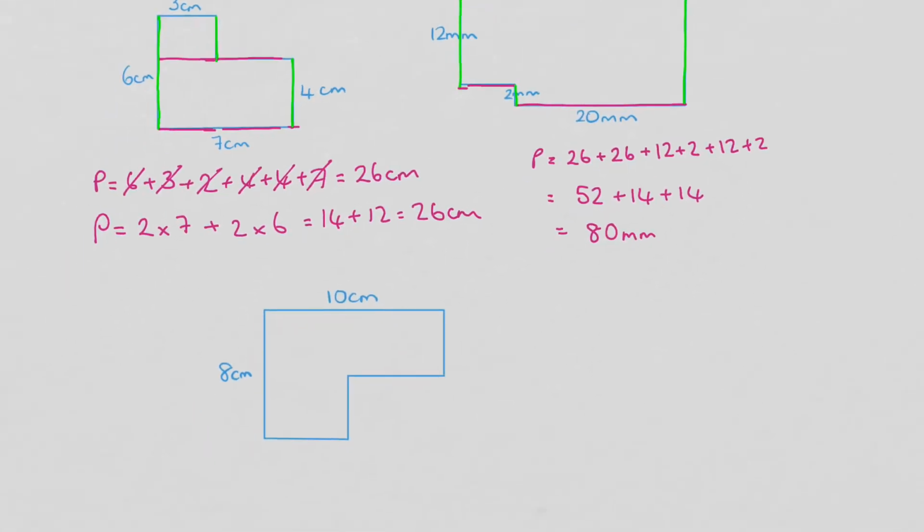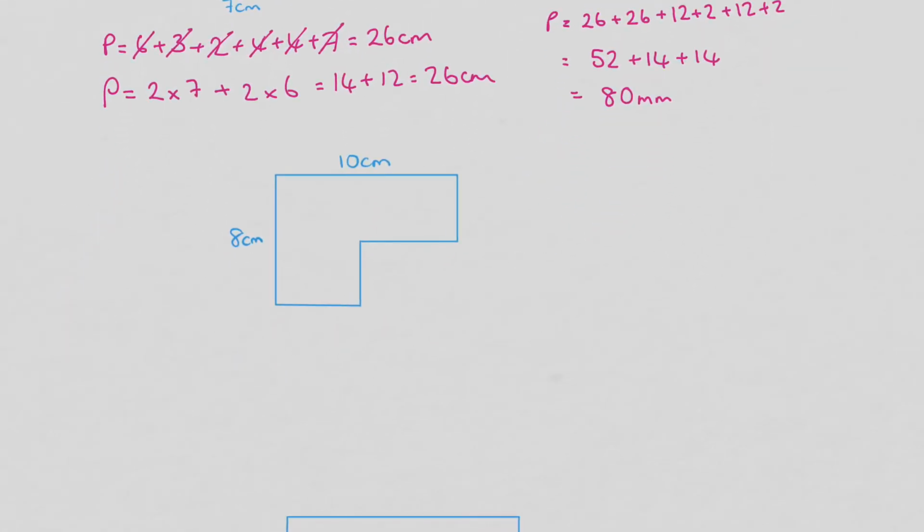Okay, so we're going to do the same again with this one. So first of all, let's look at all the horizontal lines, the ones going across. So what we can see, as in the last couple of examples, is that if we move that line up there, now that I've gone and tilted it a bit, silly me, we can see that that line, together with the one beside it, make 10 centimetres, okay?